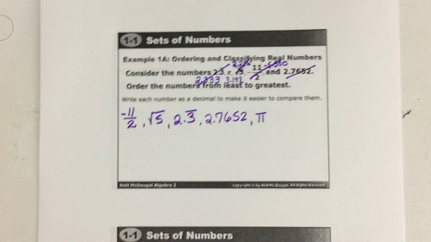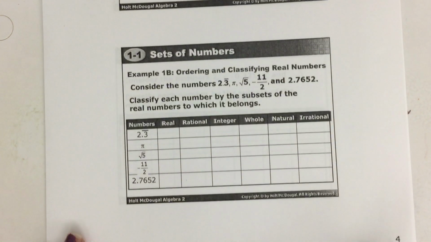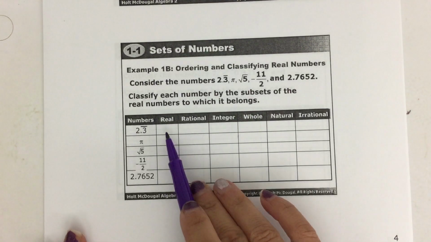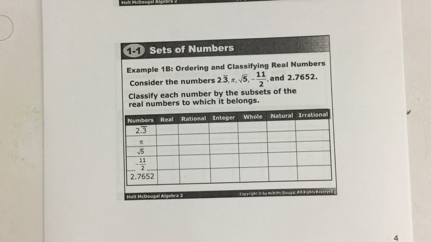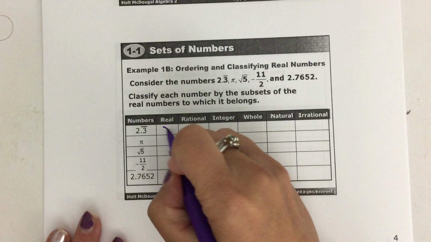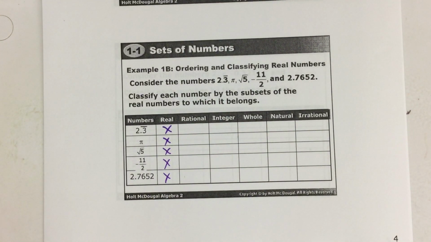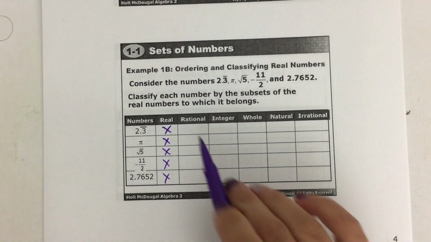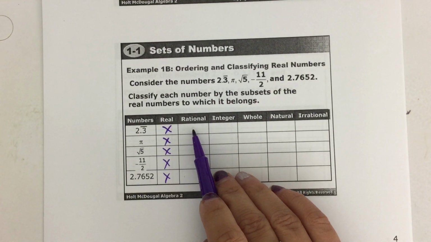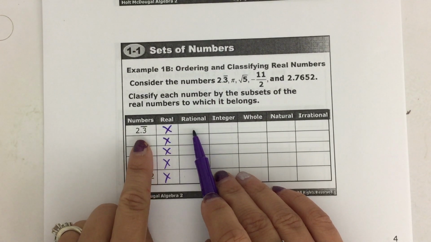Now what they want us to do is figure out what subsets they belong to. Everything that we are doing right now is real. So you can go ahead and say boom, boom, boom, boom, boom. All of those numbers are real because you have not learned imaginary yet. You only know real numbers. So everything we look at is real. Next, rational. Rational means that it makes sense.